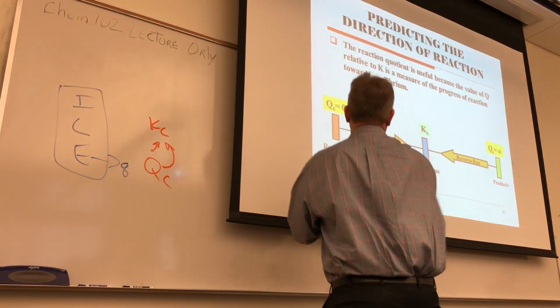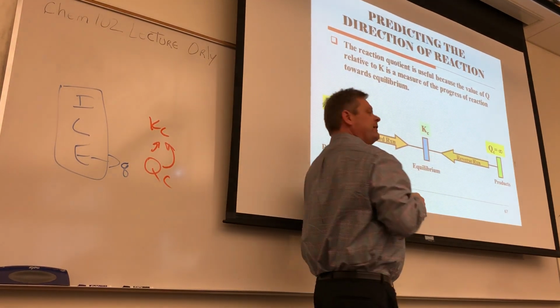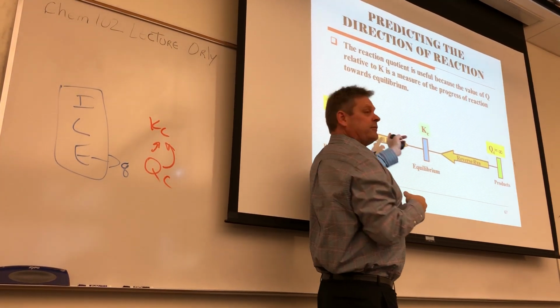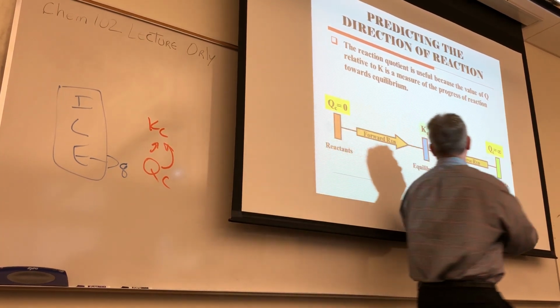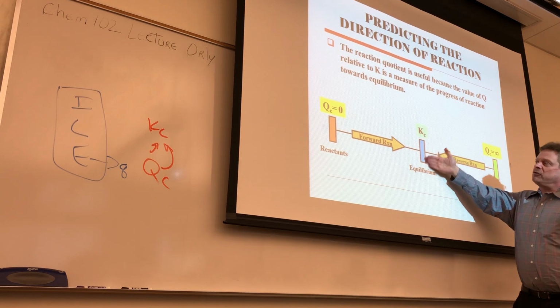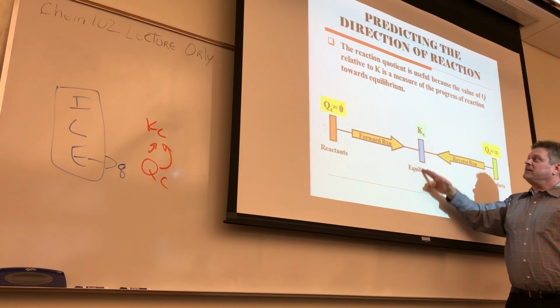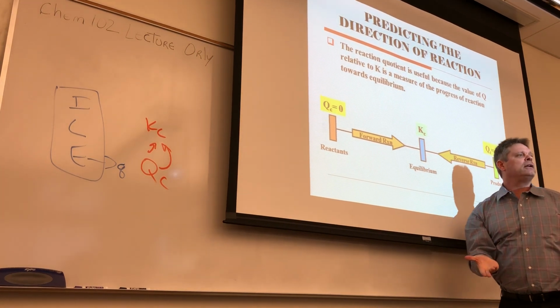Okay? So if I'm anywhere along here, less than Kc, I'm going to be moving in the forward direction based on the balanced chemical equation. And if I'm somewhere past Kc, then I'm going to be moving backwards towards that equilibrium at Kc. If I'm at Kc, then Qc equals Kc, and I already know my equilibrium.